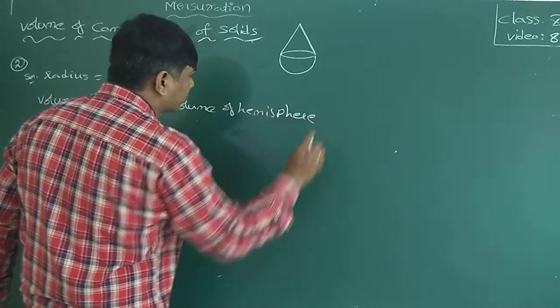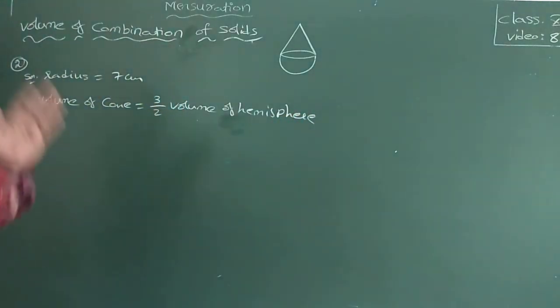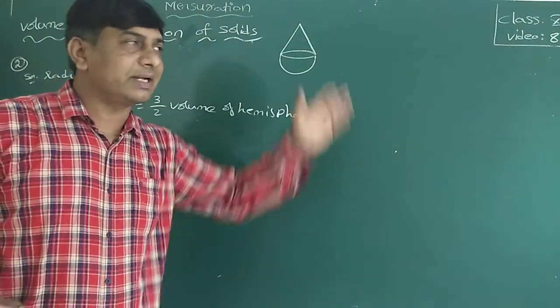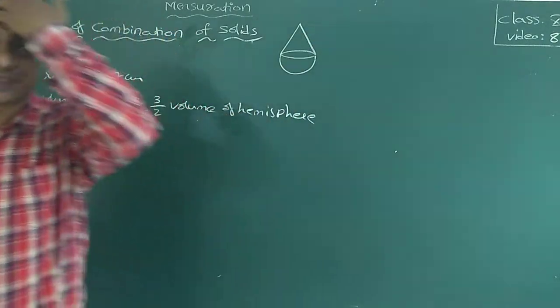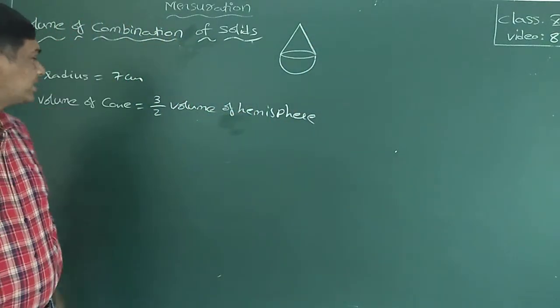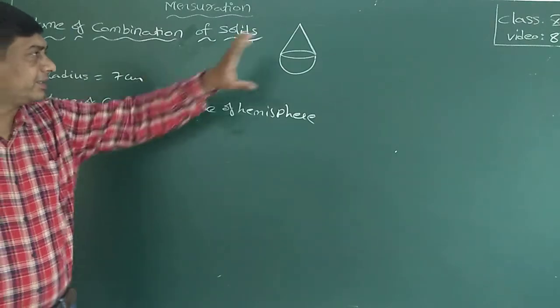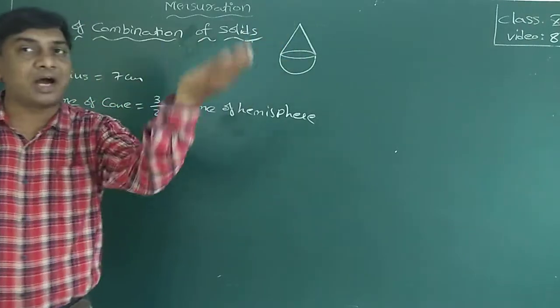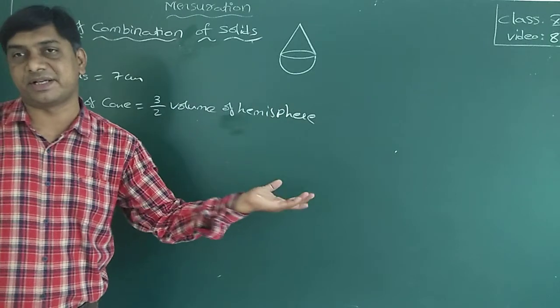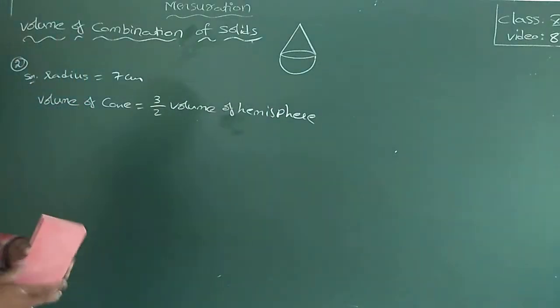Try to understand the question carefully here. They have given the radius of the cone, which is nothing but the radius of the hemisphere also. And as a hint they have given that the cone volume is 3 by 2 of the hemisphere.